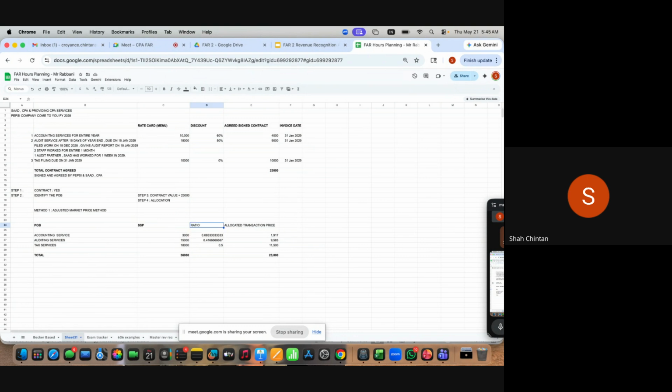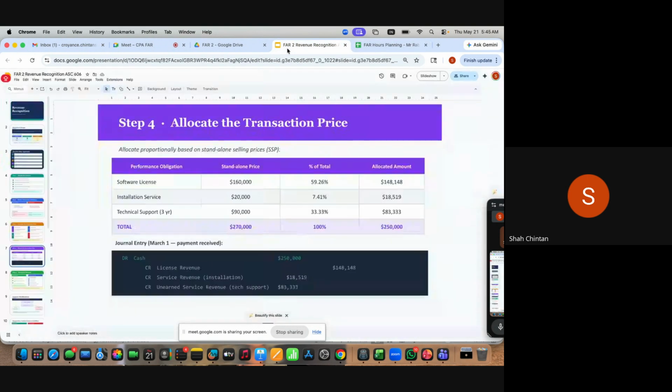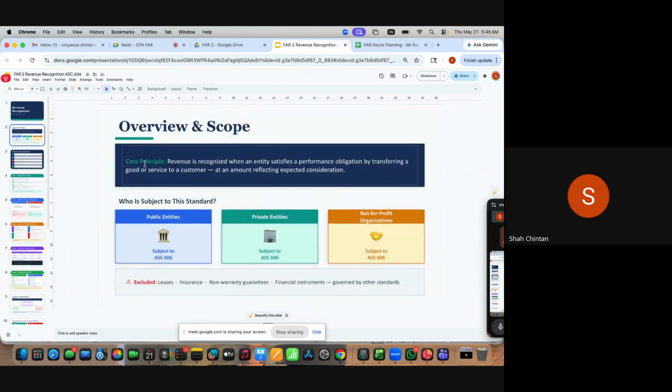It basically reflects in the definition of the accounting standard. Let's go back once to the definition on slide number 1. So what are we saying? Revenue is recognized when an entity satisfies or delivers a key promise by transferring goods or services at an amount reflecting the expected consideration.